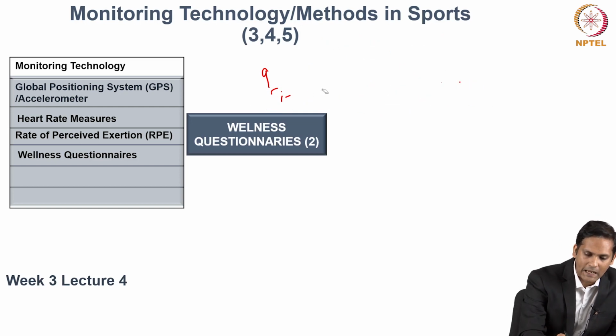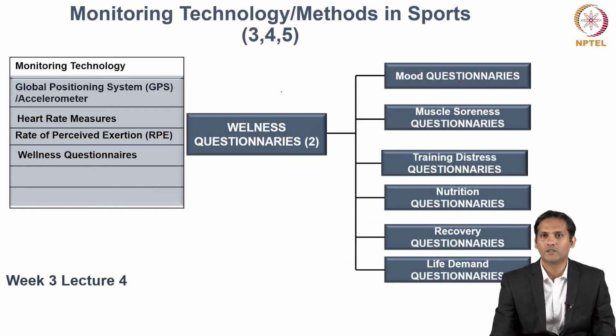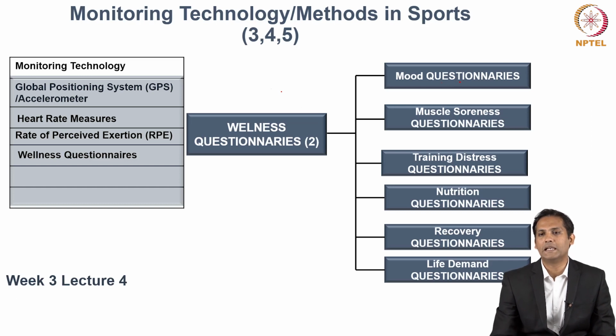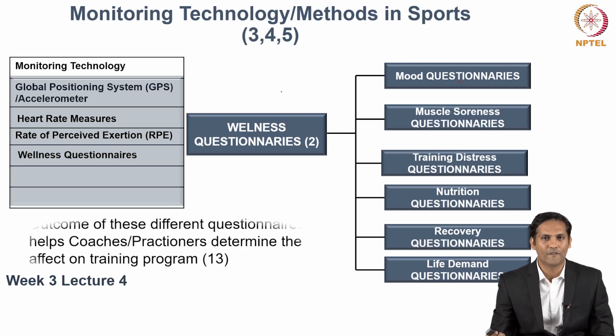Now, there are different kinds of wellness questionnaires, which include mood questionnaire, muscle soreness questionnaire, training distress questionnaire, nutritional questionnaires, recovery questionnaires, life demand questionnaires. So all of these questionnaires cover the wellness of an athlete and ultimately help to know the preparedness of an athlete. The outcome of these different questionnaires helps the coaches and practitioners determine the effect an athlete would have on the training program.